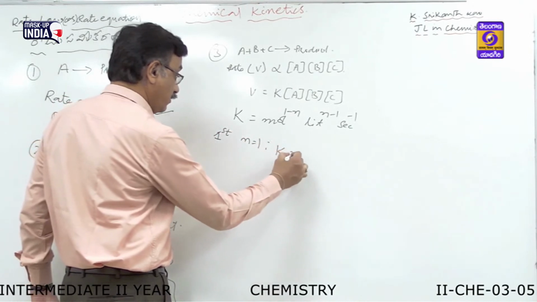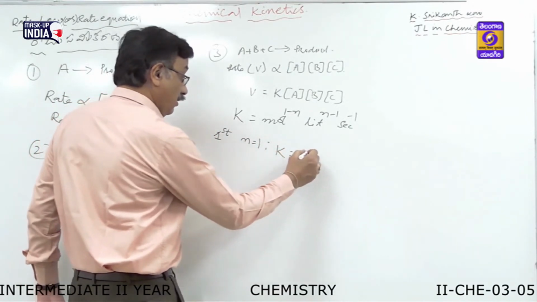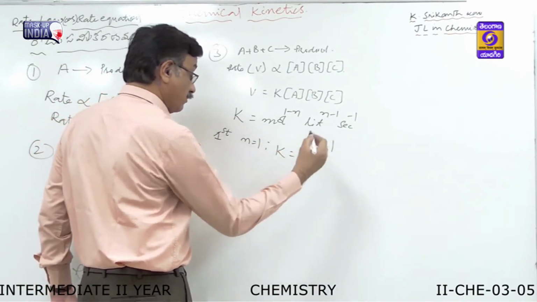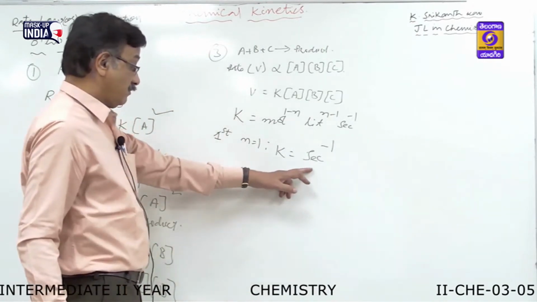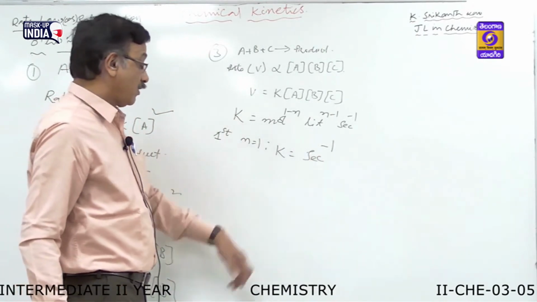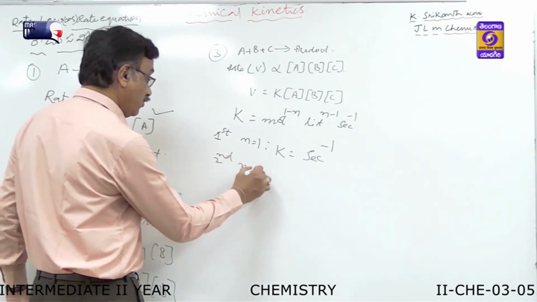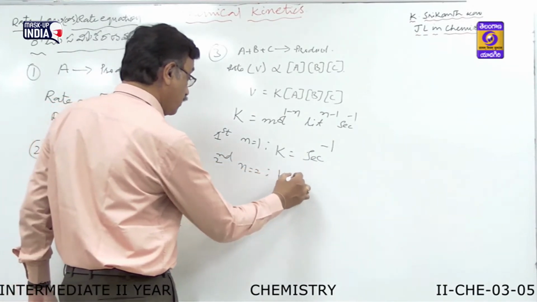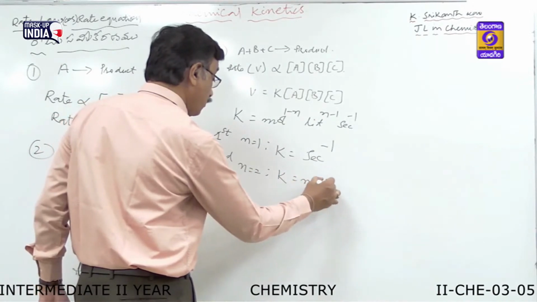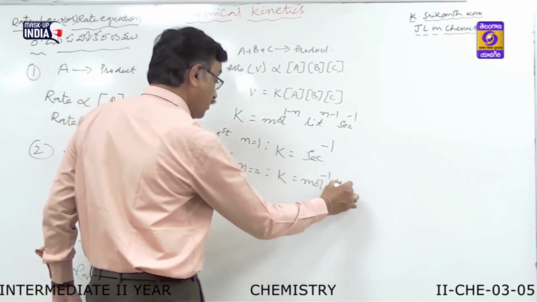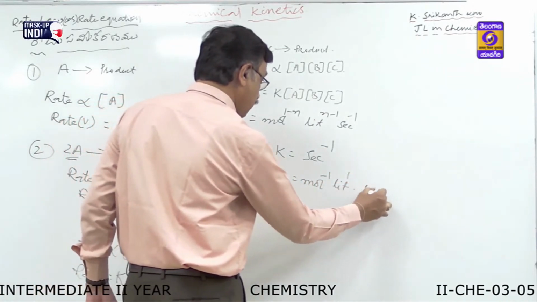So K has units second^(-1). For the second order reaction n equal to 2, the units are mole^(-1) liter^(1) second^(-1).